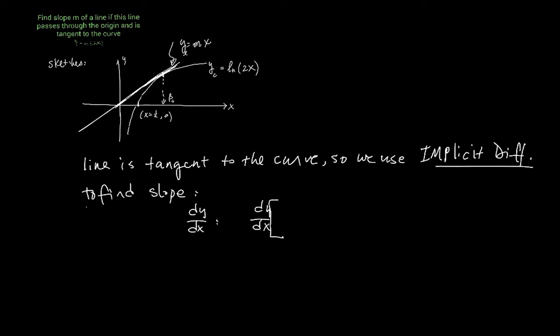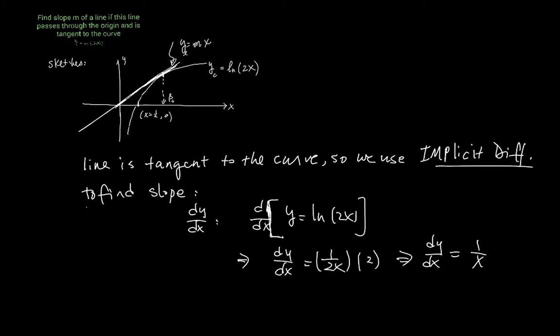I do have another video on implicit differentiation, the good, the bad, the ugly. So if it's not a familiar topic, you're more than welcome to look it up. For now, I'm just going to speed up a little bit. I need to do the 1 over 2x. I'm plugging in the formula, and the 2 after the 1 over 2x comes in from the implicit part, because I have to take the derivative of the 2x one more time.